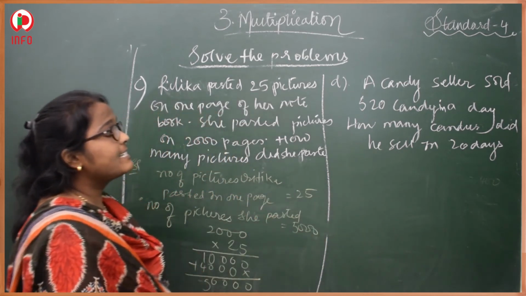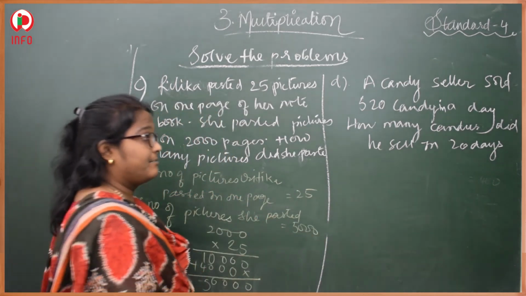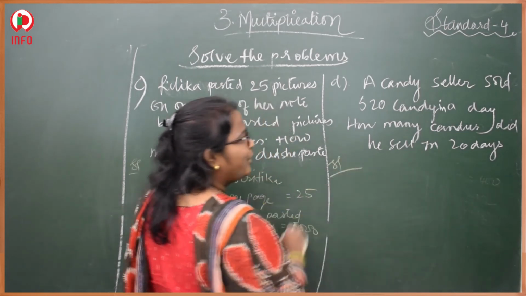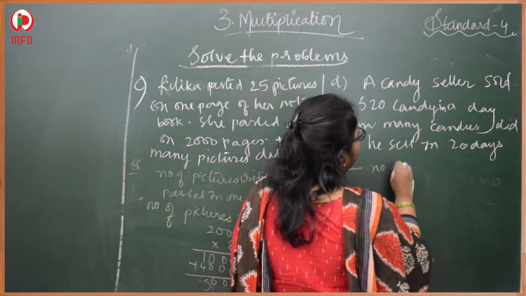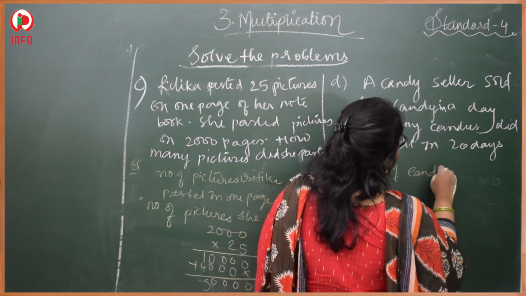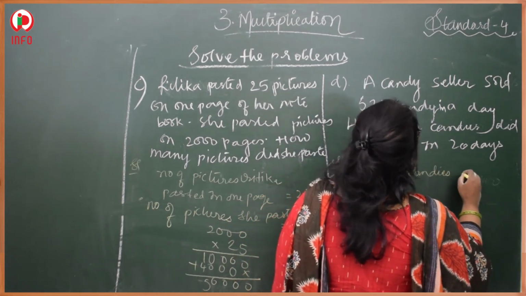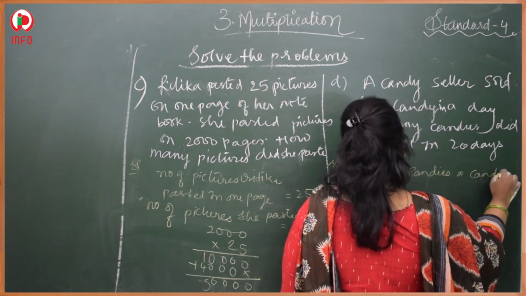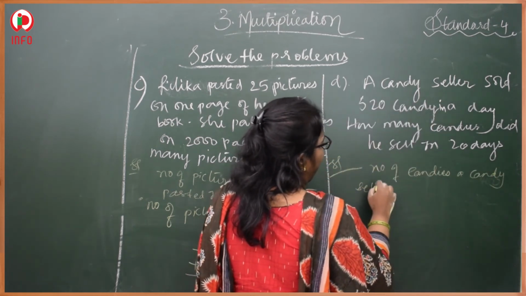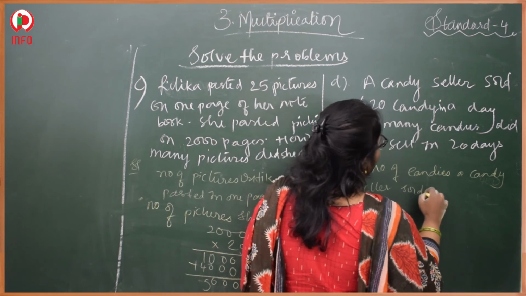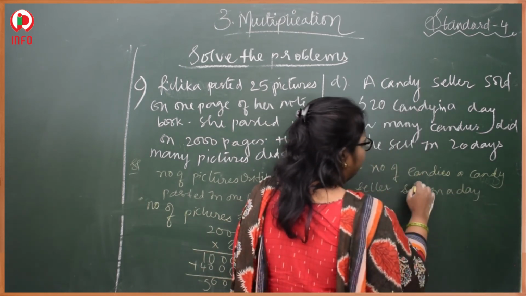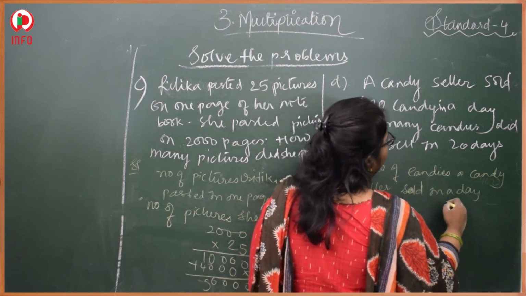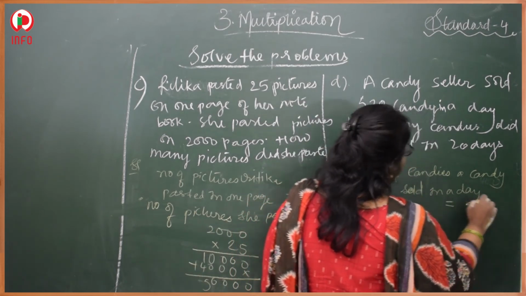Next, a candy seller sold 520 candies in a day. Do you like candy, all of you? Okay. Number of candies the candy seller sold in a day is equal to 520.